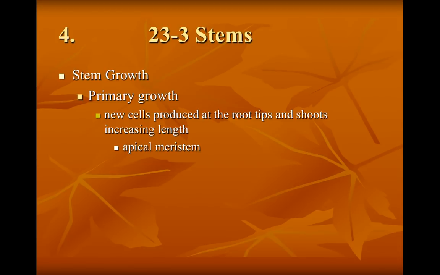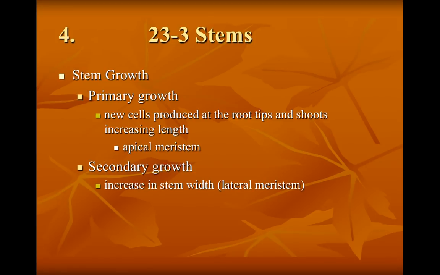However, some plants also use secondary growth. Conifers do this, and any dicots that are going to be living longer than one growth cycle, getting bigger over the course of more than a single growing cycle, would use this secondary growth.